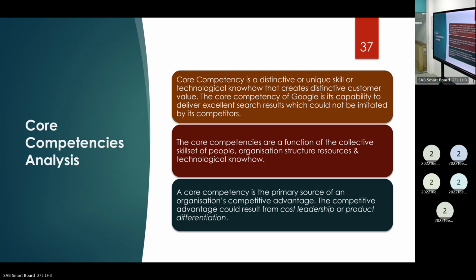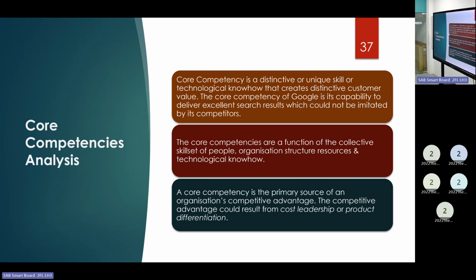So core competencies are functions of the collective skills of the people, organization structure, resources, and technological know-how, all of that matters. So core competency is a primary source of an organization's competitive advantage. Competitive advantage results from cost leadership or product differentiation.